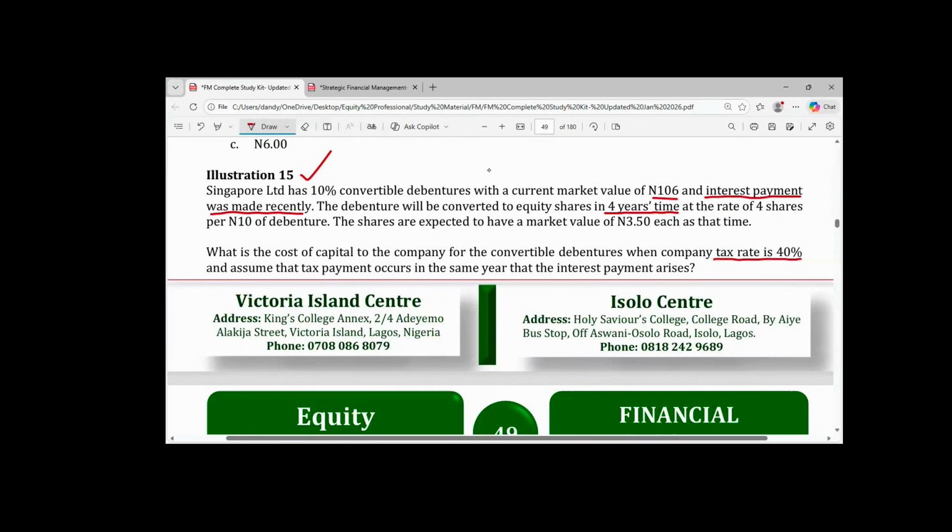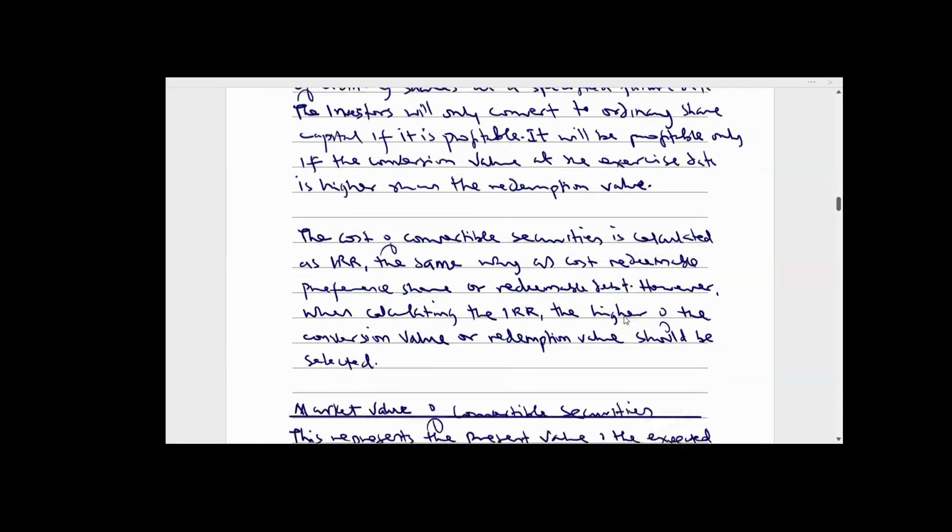Then lastly, of course, in the final year, which is year 4, we need to compare the conversion value with the redemption value. Anyone that is higher is what we are going to use at the final year to get the present value. So let me stop sharing this and move to the working note. No matter how big is a question, all these things we are talking about, the same way you are going to treat it.